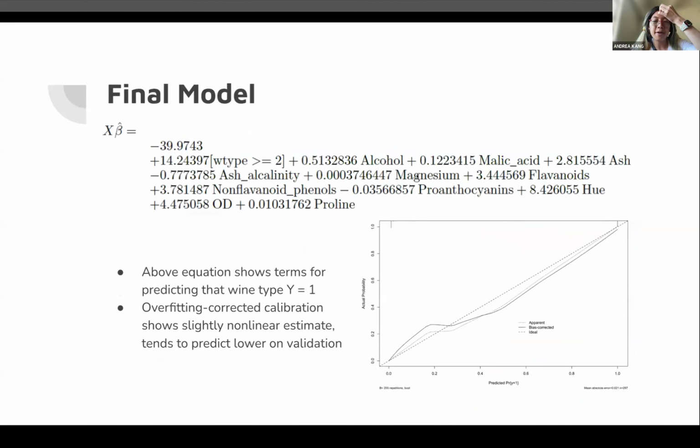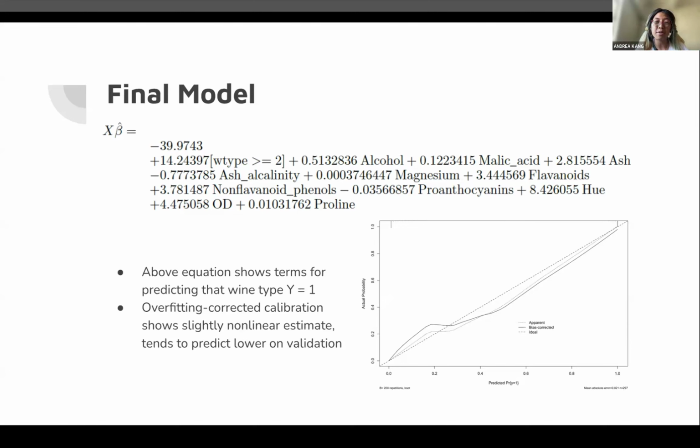So the final model focuses on, based on all of the models, predicting that the wine class is equal to the first one in this case. So that's why we have a variety of these. This was mostly the best I can extract, though I will analyze this more after this.